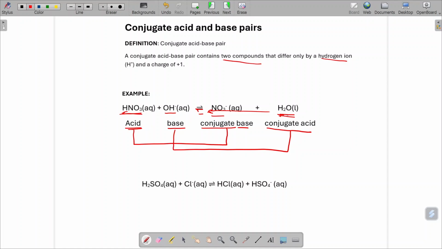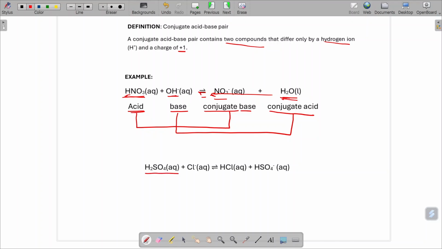Similarly, the water is the conjugate acid to the base of the hydroxide, and again, the water has one more proton than the hydroxide, and the hydroxide is 1 minus and the water is neutral, so the charge difference in both cases is +1.